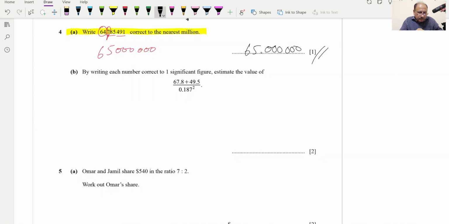This is 1-mark part. B part, by writing each number correct to one significant figure, estimate the value of this one.